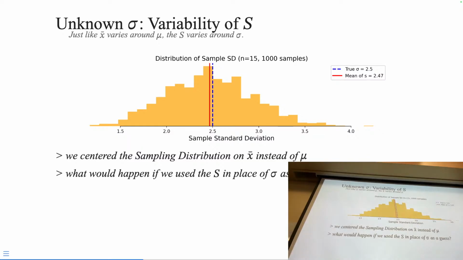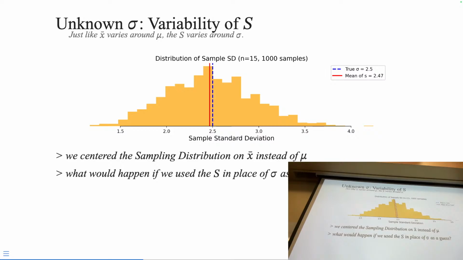So we just said, okay, we know we need a standard error for the sampling distribution. What if instead of using this unknown population sigma, we don't know what it is, what if we swapped that in the standard error? So the spread of the sampling distribution. What if we swapped it for S?